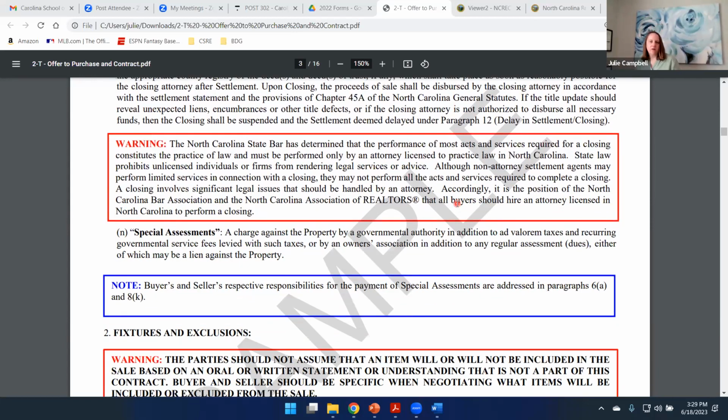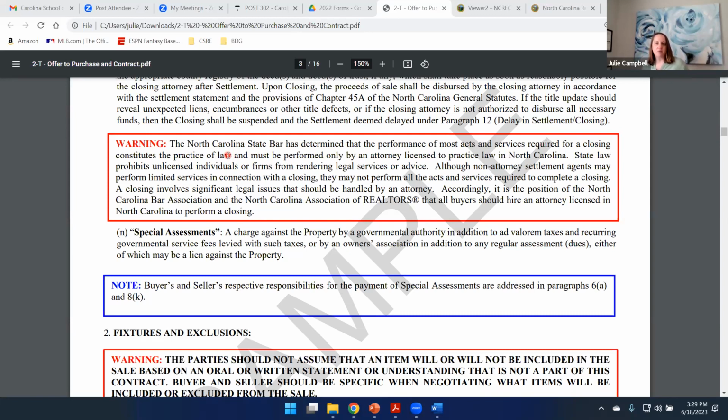Here's our first red warning. The North Carolina State Bar has determined that the performance of most acts and services required for a closing constitutes the practice of law and must be performed only by an attorney licensed to practice law in North Carolina. State law prohibits unlicensed individuals or firms from rendering legal services or advice.